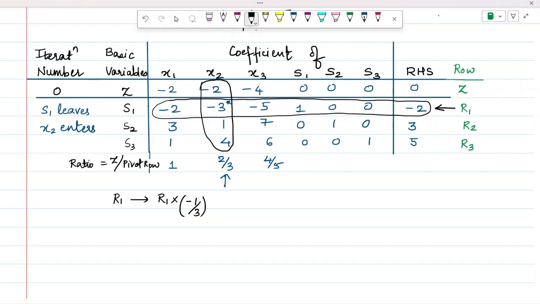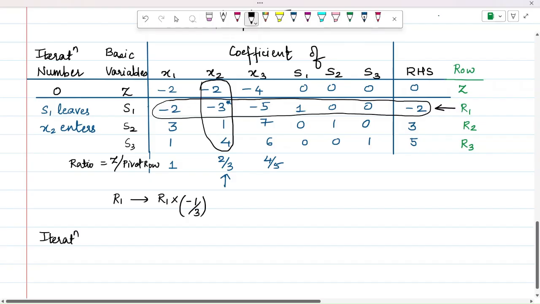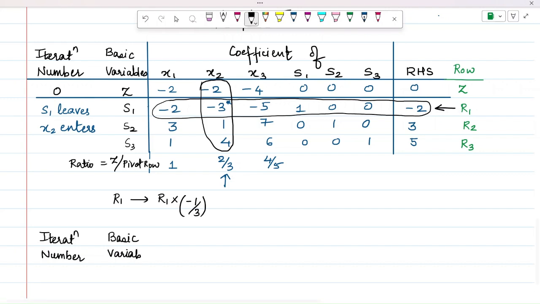So again, we'll have to recreate the same table. Let me recreate the table here. I'll again have iteration number. I'll again have basic variables. This time the iteration number will be 1. Basic variables again will begin with z.